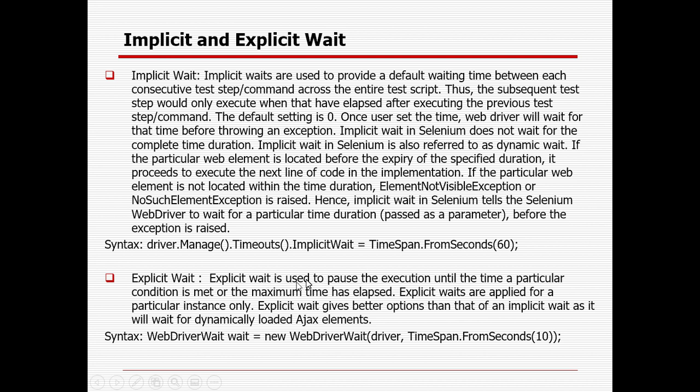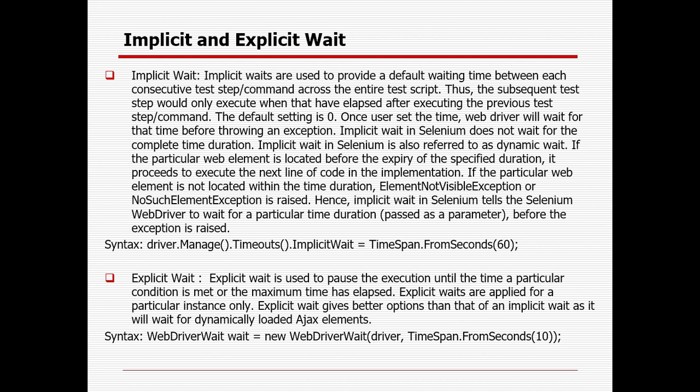So explicit wait is used to pause the execution until a particular condition is met or the maximum time has elapsed. With implicit wait, you are giving the total timeout at your test case level or your script level or a particular page level, right? But definitely we do not give the implicit wait at the page level every time.